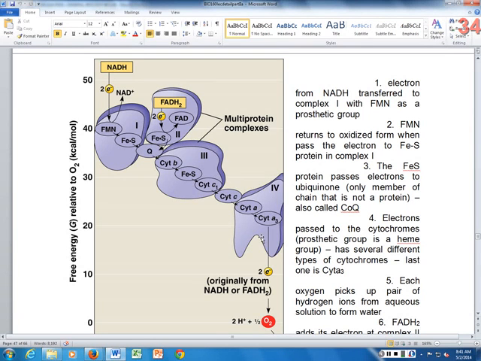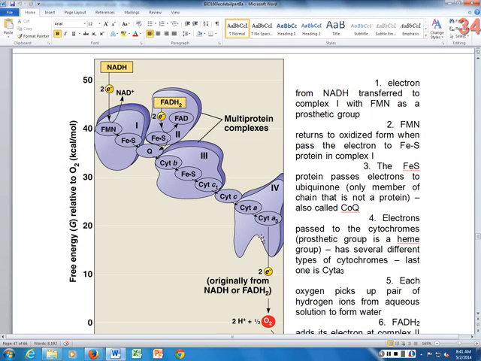So NADH is going to start here, and it's going to pass its electrons here at number 1. And you'll notice they draw this kind of going downhill. So as it moves through here, these electrons get moved down the chain, and they end up coming out at the other end. FADH2 kind of cheats. It dumps its electrons off partway down the hill.